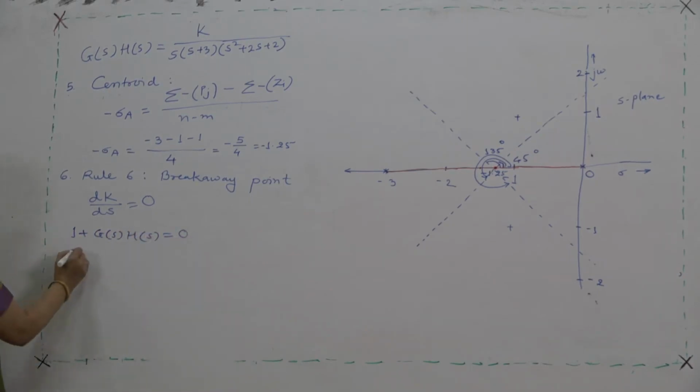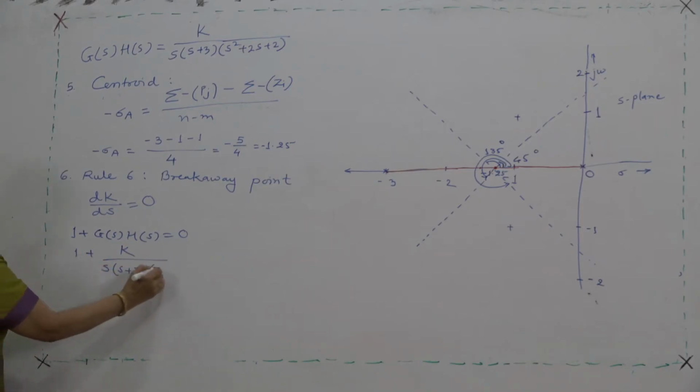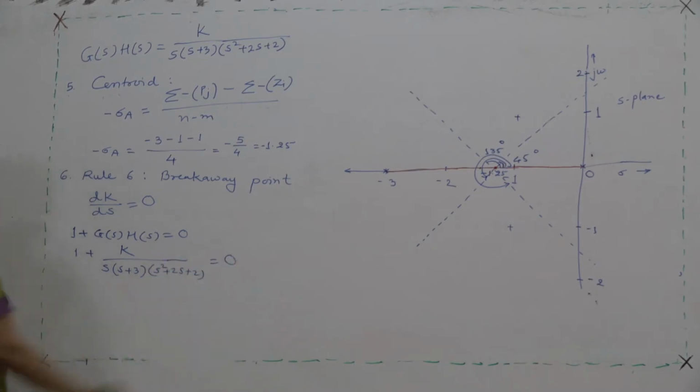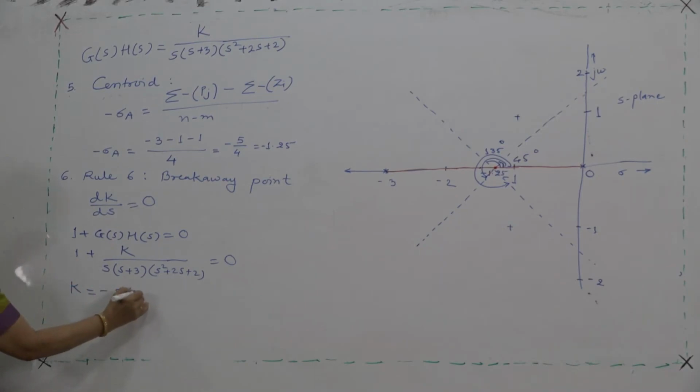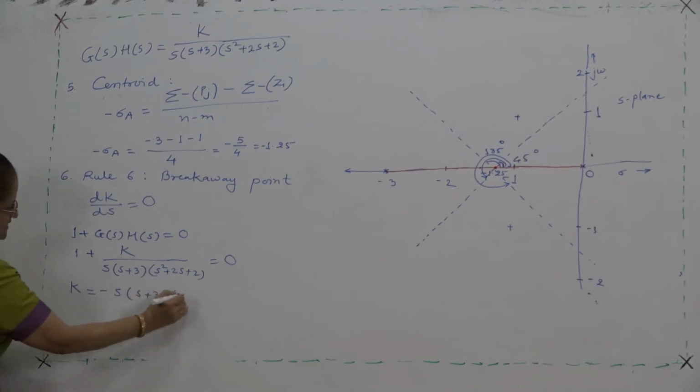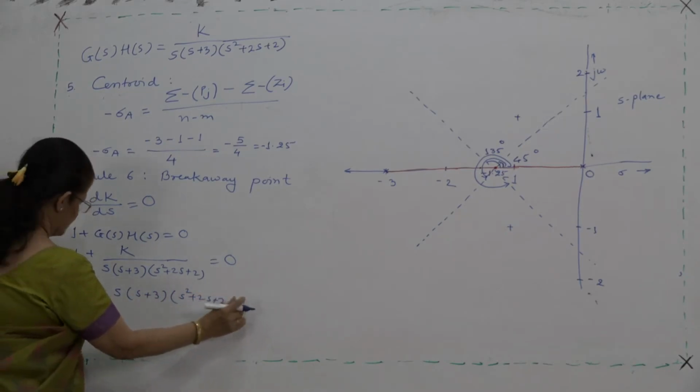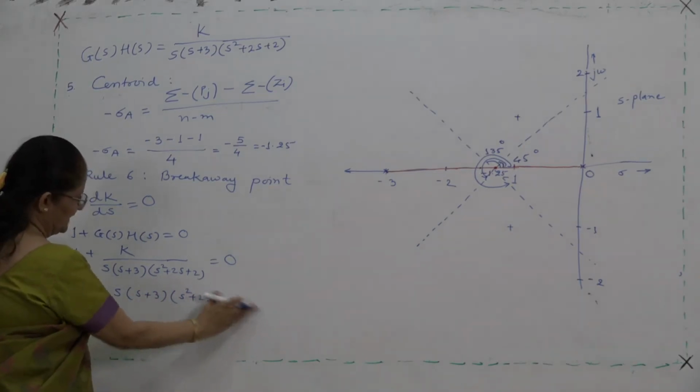So, what will you get here? 1 plus k upon s into bracket (s plus 3)(s square plus 2s plus 2) is equal to 0. So, k is equal to minus s(s plus 3)(s square plus 2s plus 2) is the formula for k.